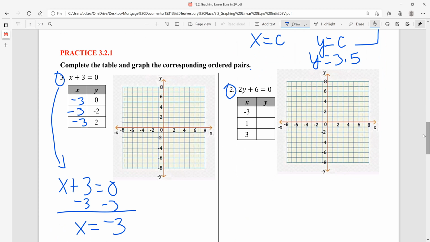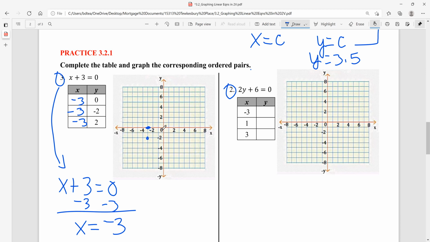When we plot -3, 0, we start at the origin and go to the left: 1, 2, 3. So -3, 0 is right there. I'm trying to do it with a little marker here. Then -3, -2: starting at the origin, we go to the left 3 and down 2.